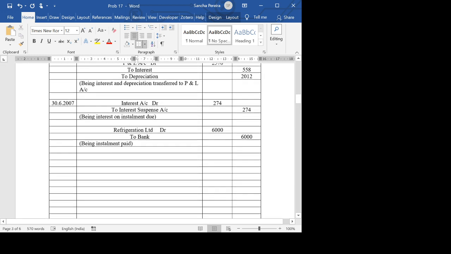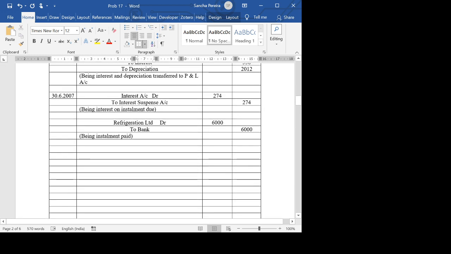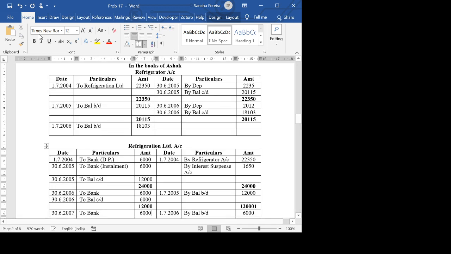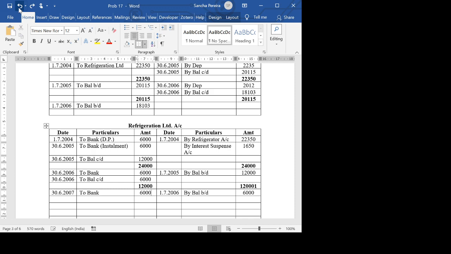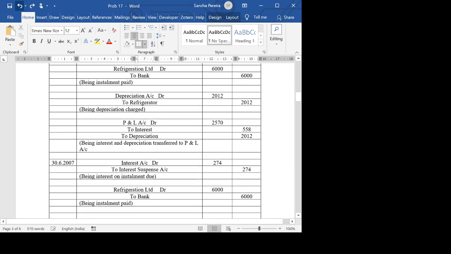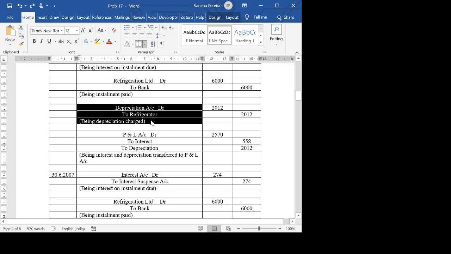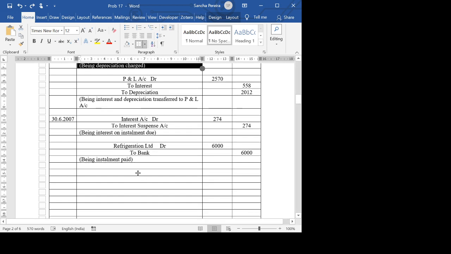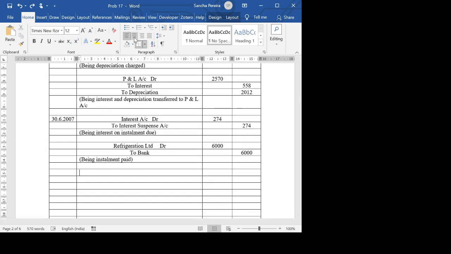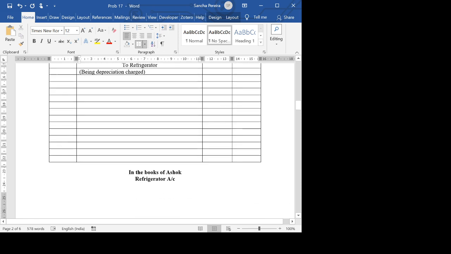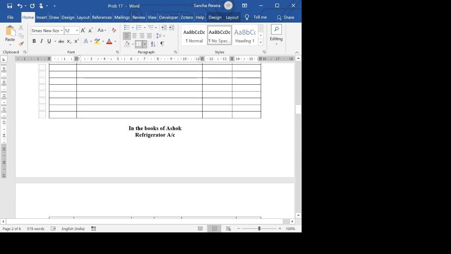Then we move on to the depreciation. We have to charge the depreciation. We can't know the depreciation until we go to the account and calculate it.